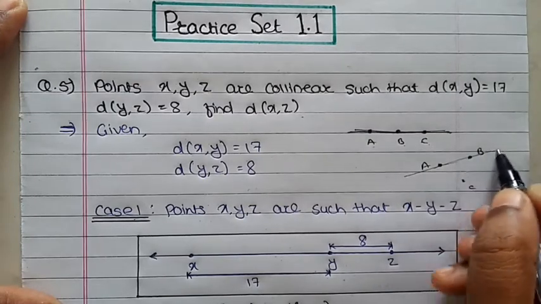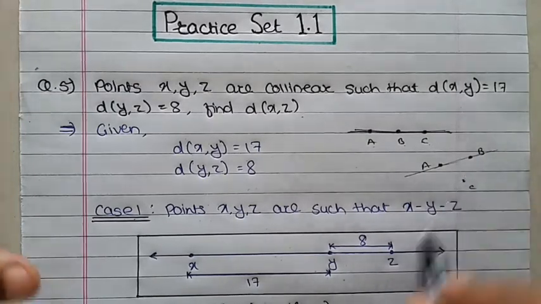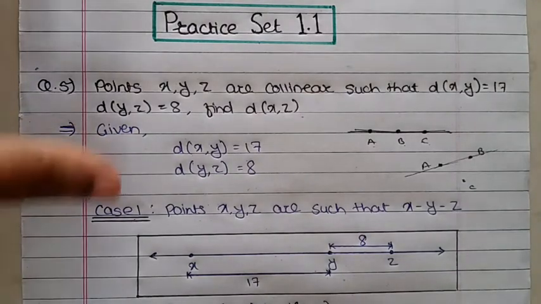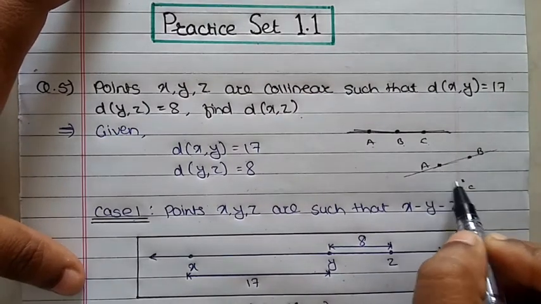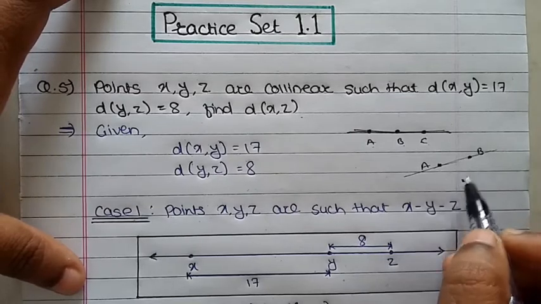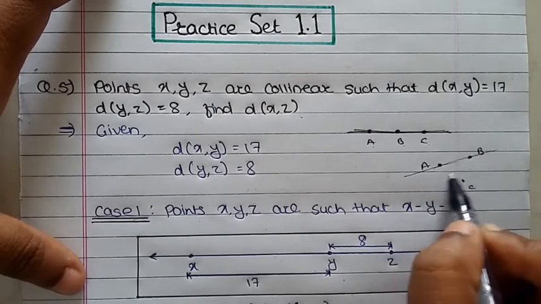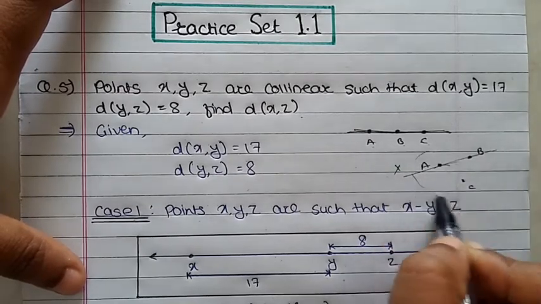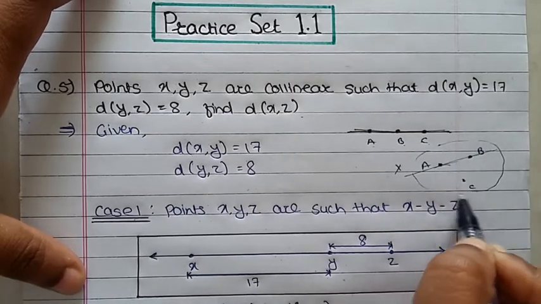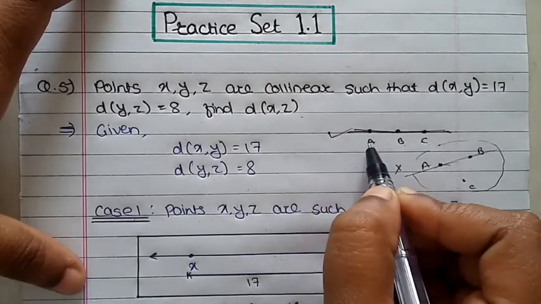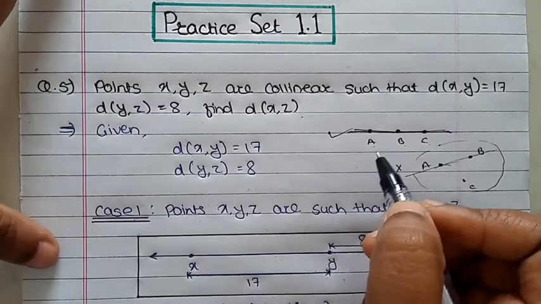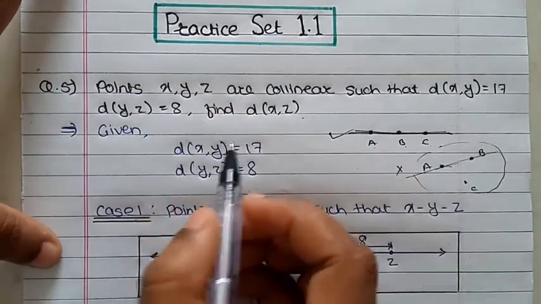They are distinct, or we cannot draw a line which passes through these 3 points. So this condition is false, that means these 3 points are not collinear, but the earlier points are collinear.